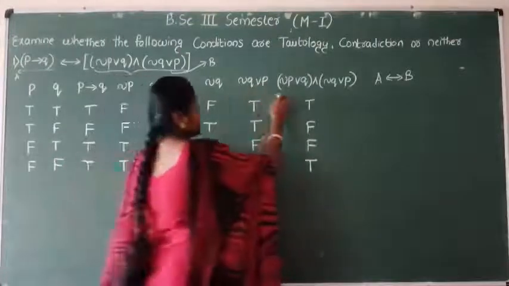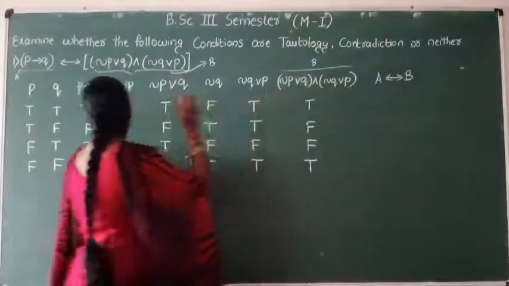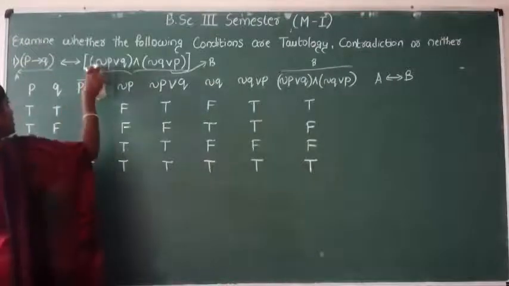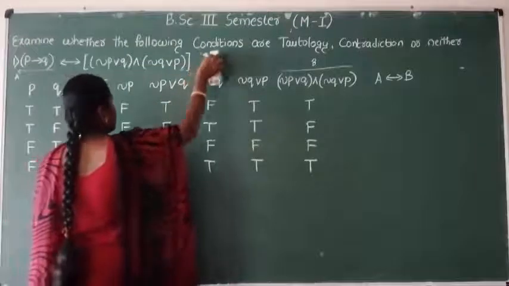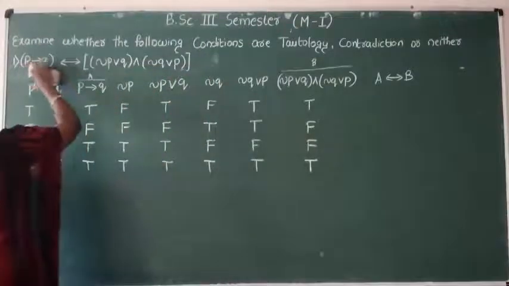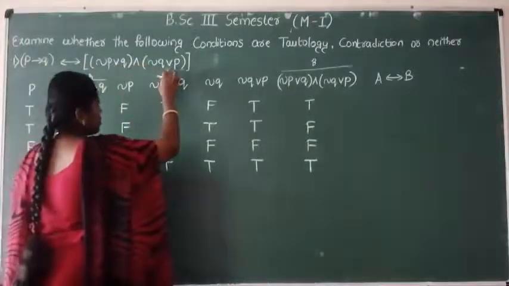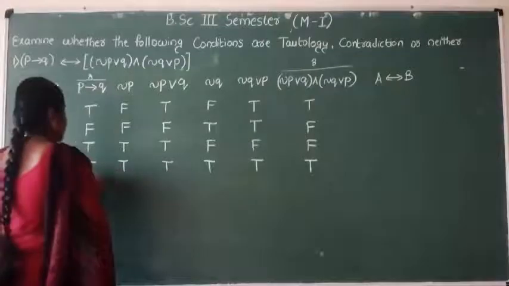Next, so this one is A statement, this one is B statement, and this one is A statement. Right? I am considering P implies Q as A and negation of P or Q and negation of Q or P statement as B statement. Right?